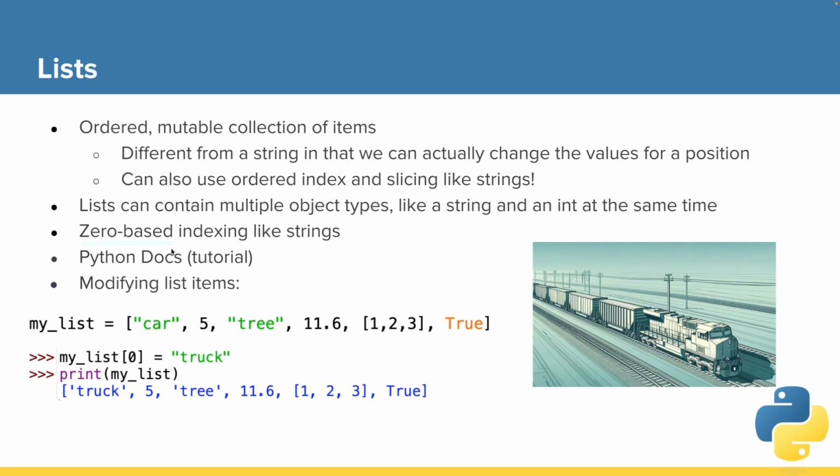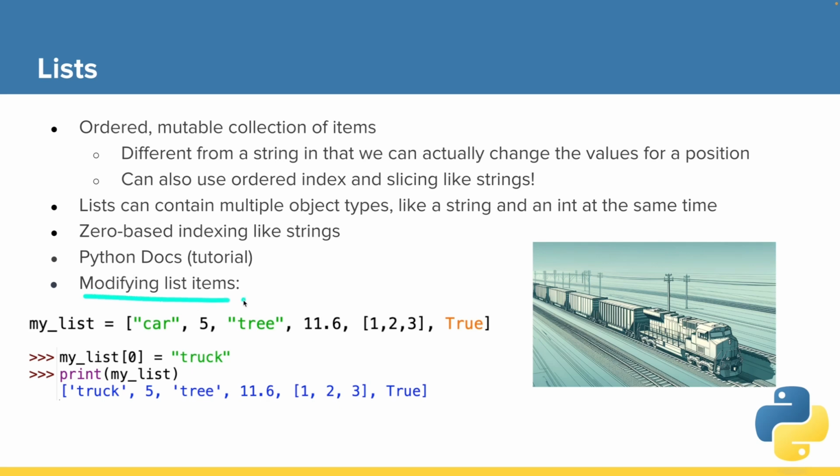I think of lists as a train, and each car can carry different cargo. Each car of the train can carry different cargo, and it can be a very long train. So that helps us visualize what a list can do and how powerful it can be.